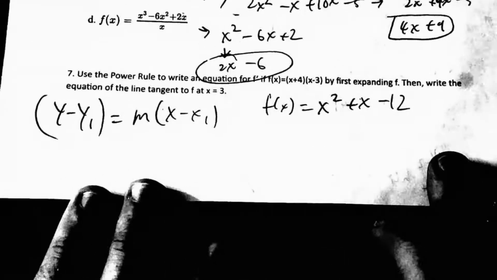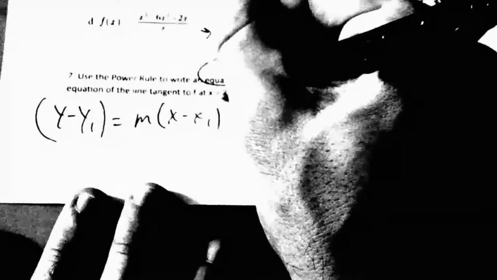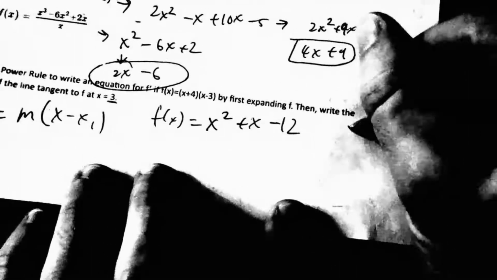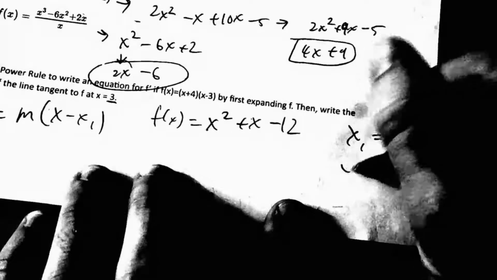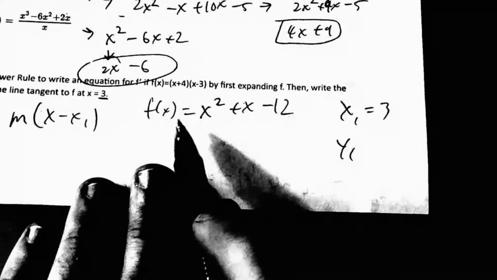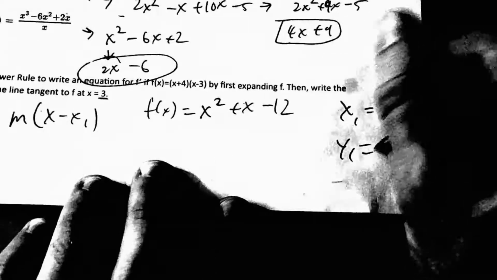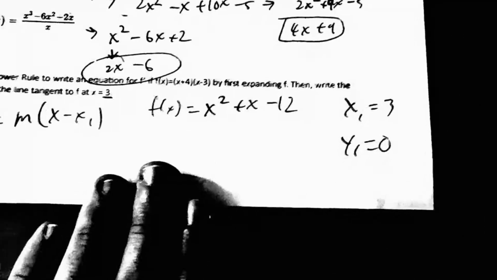So I have my x. This is my x1 really, is a 3. I'm going to put that out to the side here. x1 is 3. My y1 is going to be, just when I plug in 3 into this, what do I get? So it's 9 plus 3 is 12, so it's 0. And then my m is just the derivative of this.